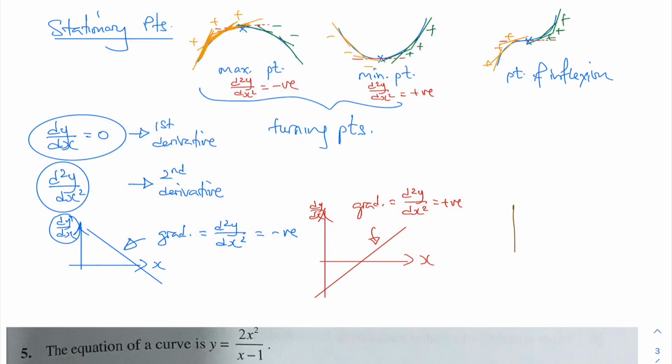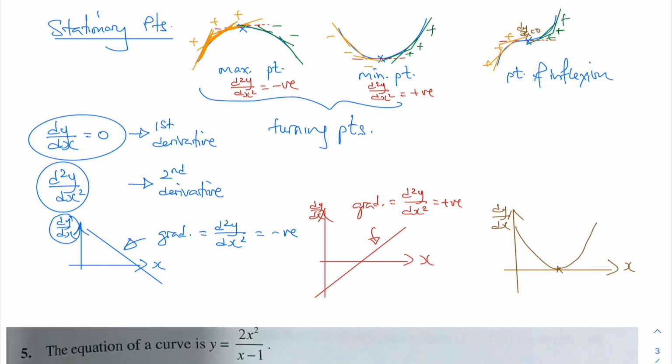So based on this, let's look at the profile of the gradient changing. It's changing from very positive to less positive, until it reaches 0. This middle point here, the gradient is 0. So it reaches 0, and then it goes back to positive again.